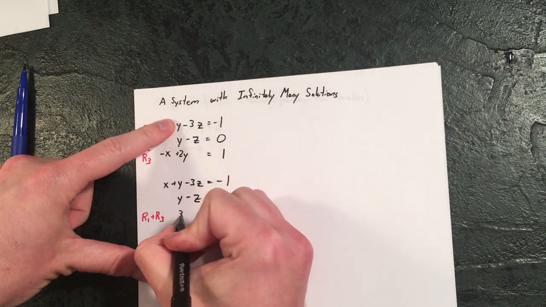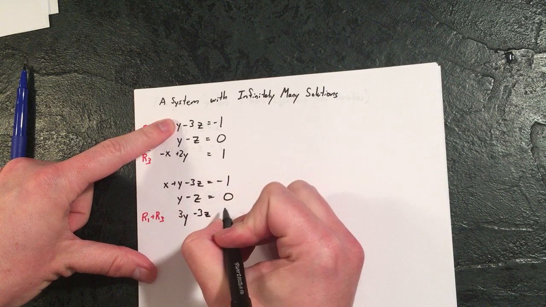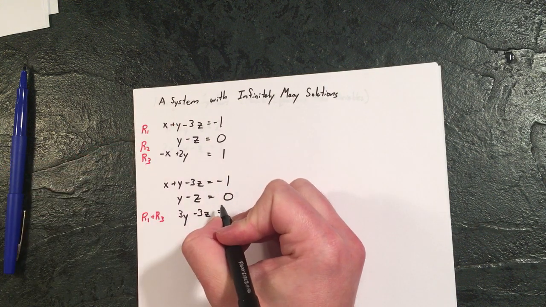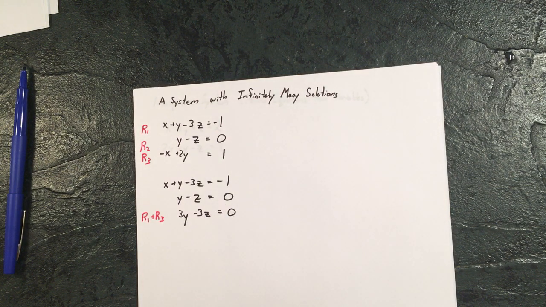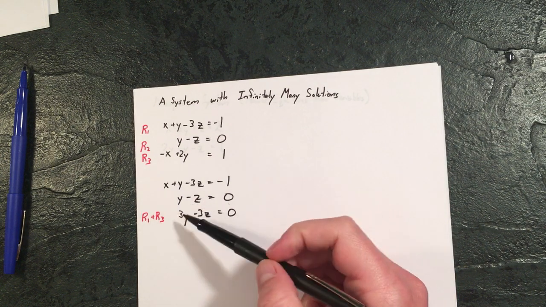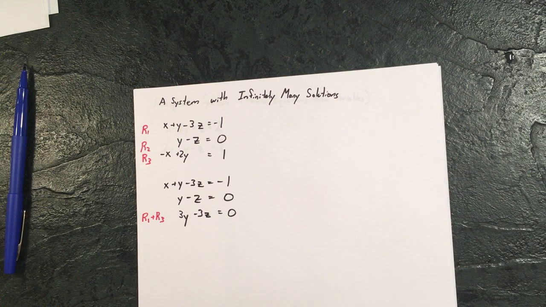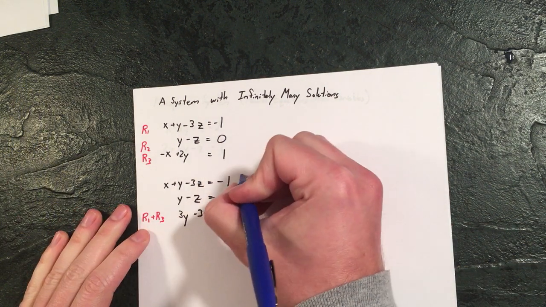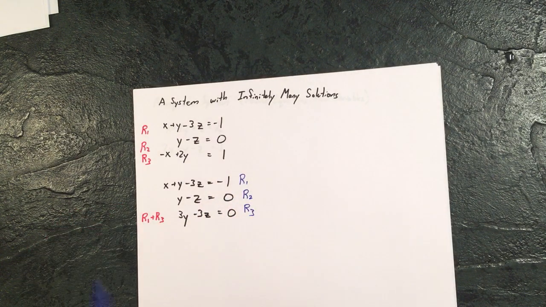Zero, 3y, negative 3z equals 0. Noticing anything here? y minus z equals 0, and a 3y minus 3z equals 0. That is definitely something. Let's see what that's going to equate to.